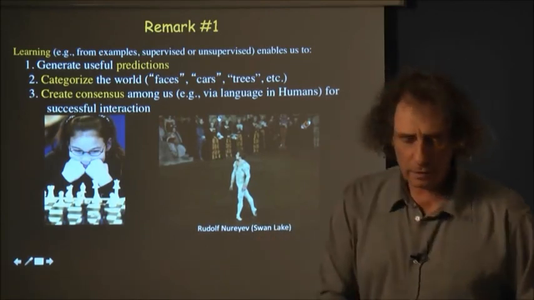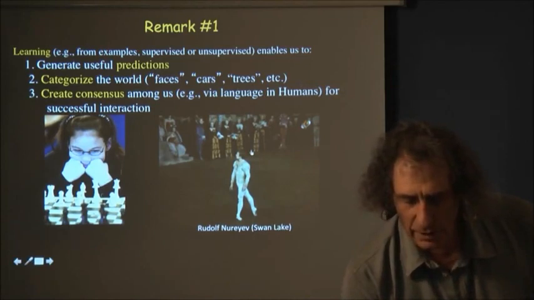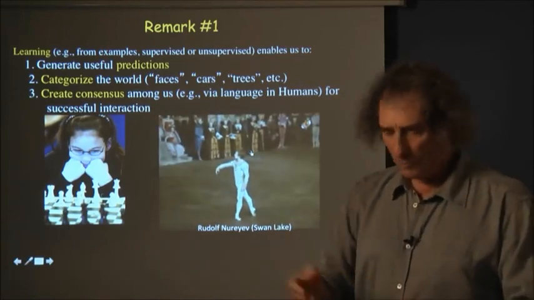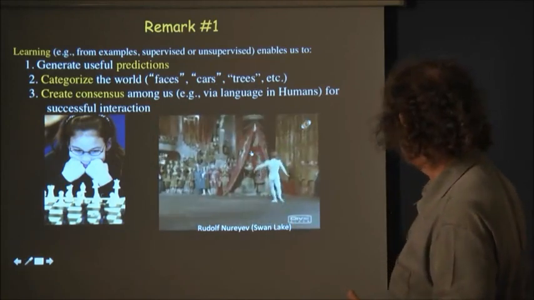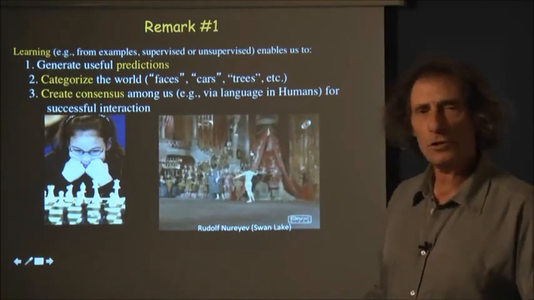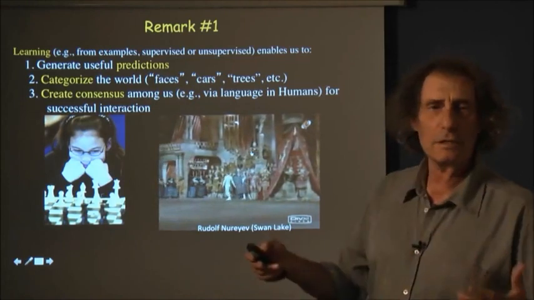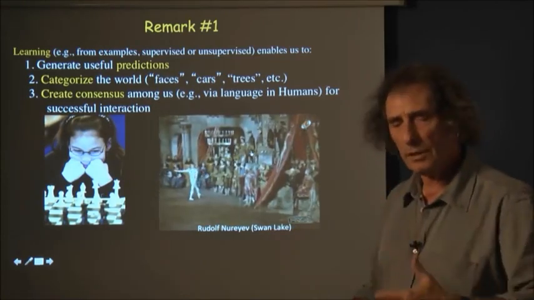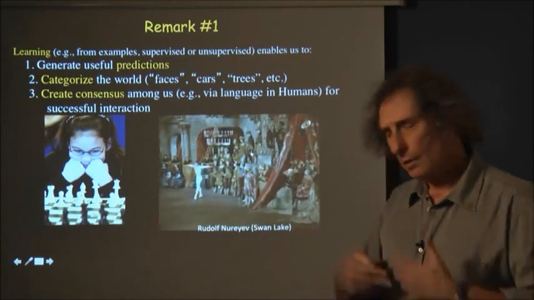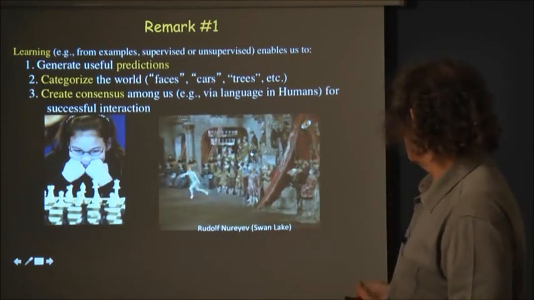Or you can predict, in this case, what should be the next physical move when you are Nureyev, who dances so well. After so many years of learning, he becomes such an amazing genius expert in dancing, and he can predict what will be the outcome of a particular gesture, of a particular movement.